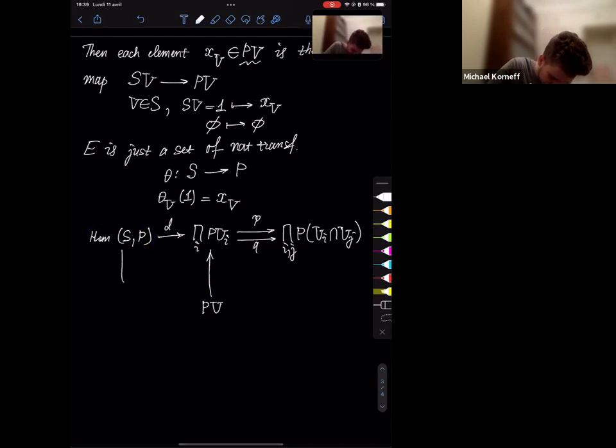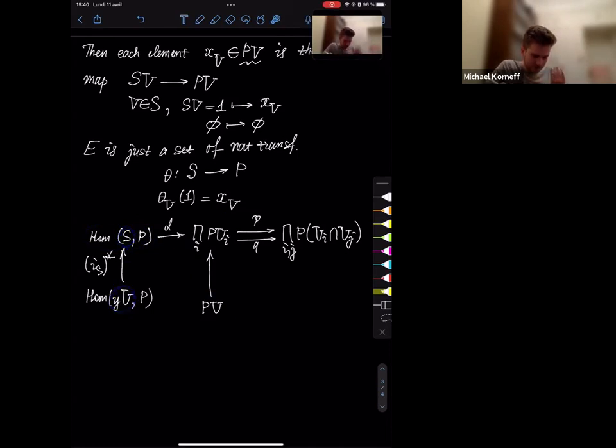But iS induces the following morphism between this Hom and this Hom. iS is the map between S and y of U. It is just an inclusion in some sense, and we have an isomorphism here. It's just a Yoneda isomorphism.